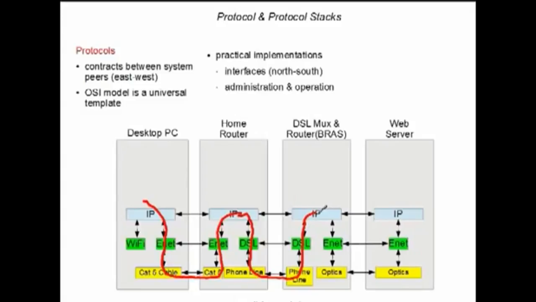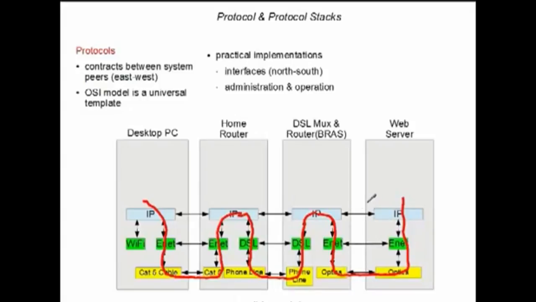In a typical BRAS, you're going to have an Ethernet optical connection that will travel to the web server. That is simplified here, but it would be via an entire routing network, and there would typically be multiple routers involved.